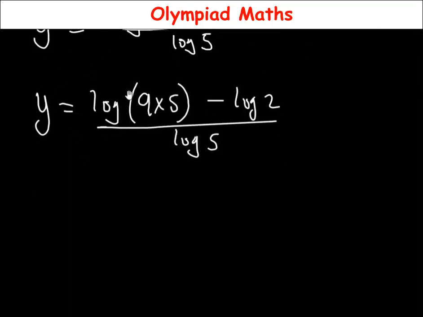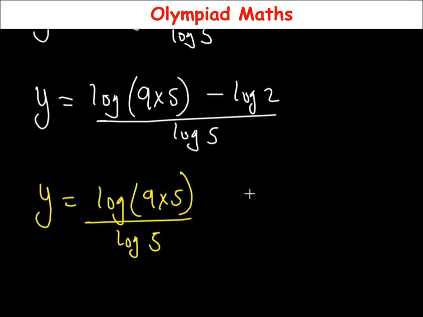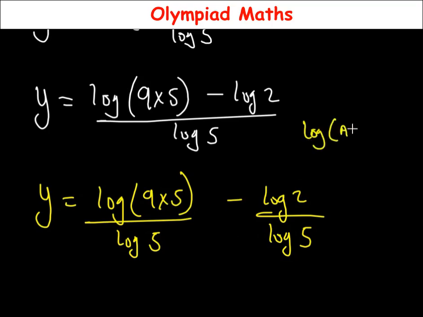From here, the value of y is equal to, we can then split this such that it will become log, in bracket, 9 times 5 all over log 5 minus log 2 all over log 5. And with this, there's a rule that if you have logarithm of, in bracket, a times b, okay, this equals log a then plus log b.